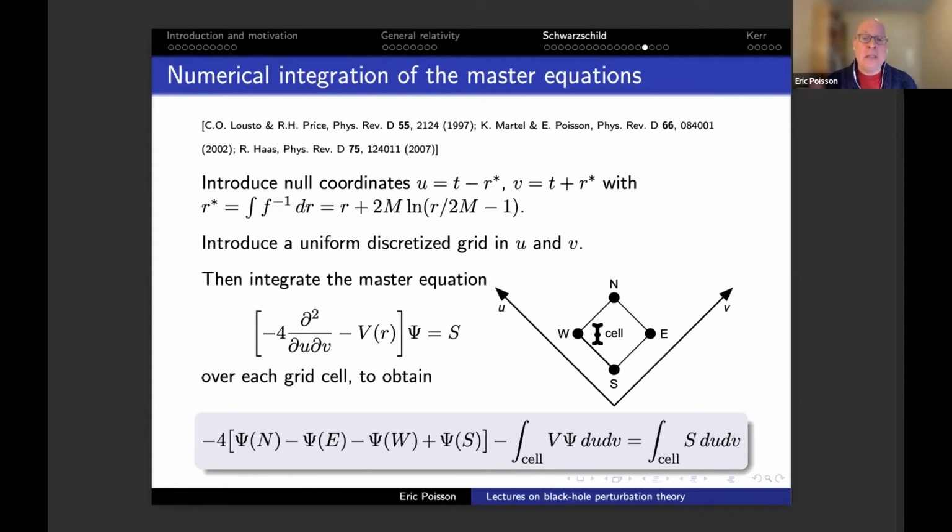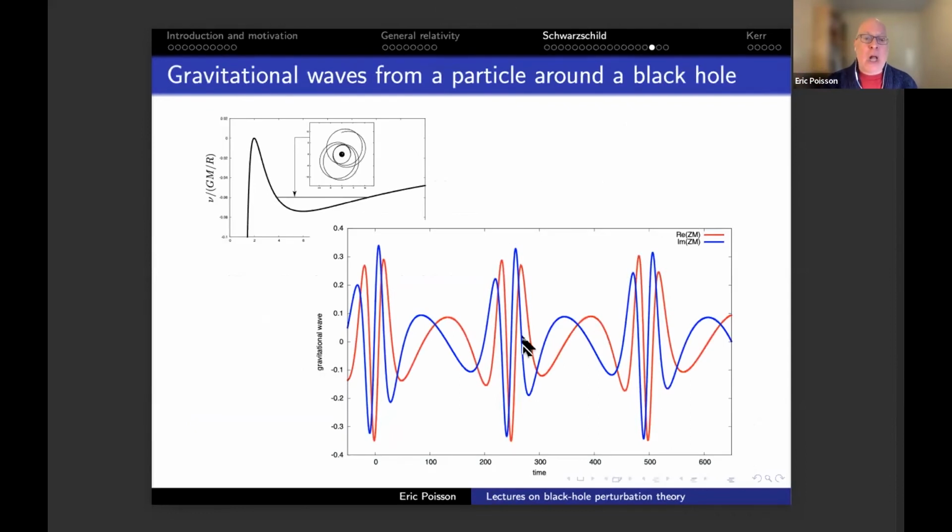And it's very easy, and there are codes out there that allow you to do those numerical integrations for a particle that moves in Schwarzschild spacetime, either on a circular orbit or an eccentric orbit. And that's finally all that you would need to do in order to do this concrete calculation and obtain the result that I displayed before, that relates this motion in Schwarzschild spacetime to the gravitational waves that are produced.